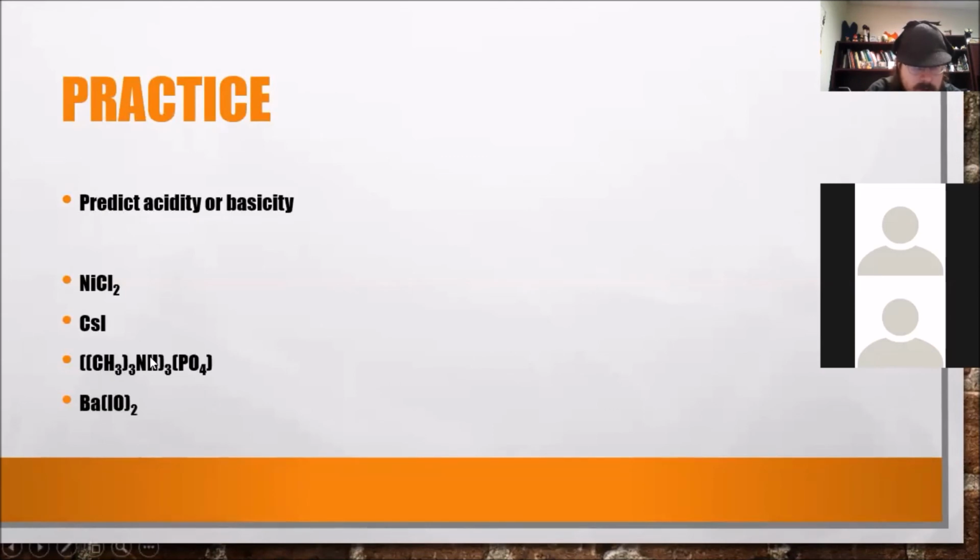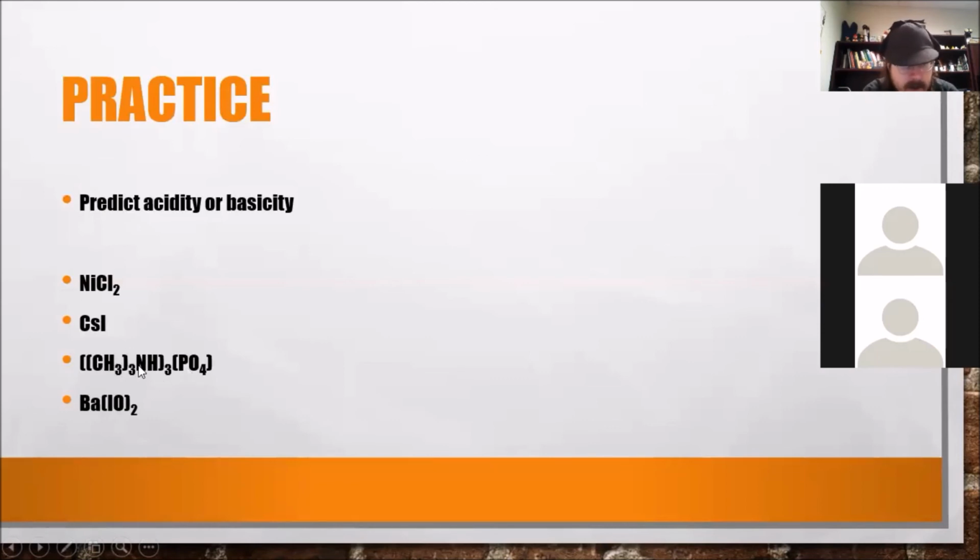Now let's look at this guy. This guy's a pain. You've never seen this guy before in your life. So more likely than not, that guy's going to be acidic. That guy looks like none of the bases. That would be trimethylamine. So no, that guy is definitely not one of our strong bases.